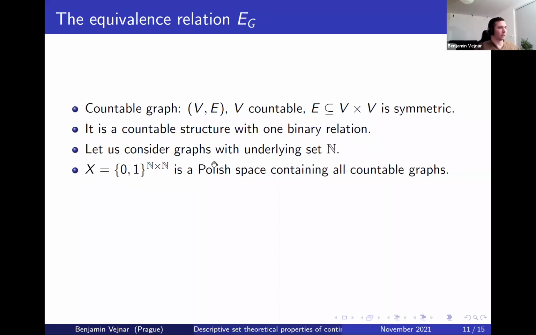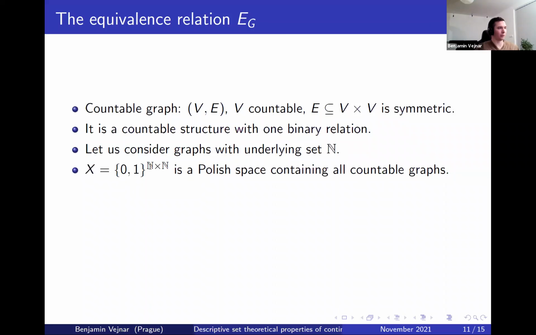And we can consider all the graphs whose underlying set is just this fixed countable set of natural numbers. If we consider this product space, {0,1}^(N×N), then its elements are codes for countable graphs.